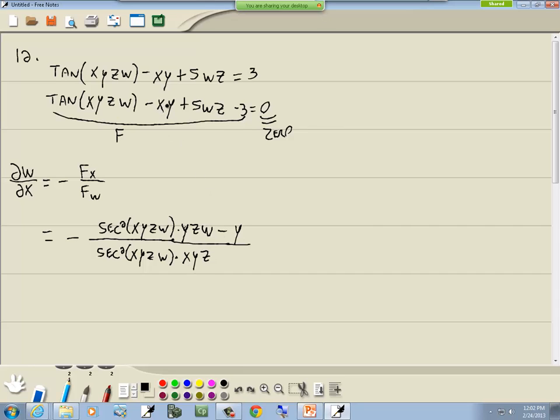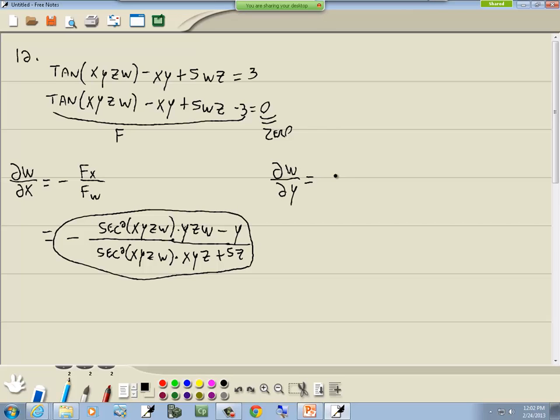The minus xy here doesn't have a w, so that goes away. And then the derivative of 5wz, the z is a constant. The derivative of w is 1, so that gives us plus 5z. And I won't do any kind of simplifying beyond that. That's our answer.